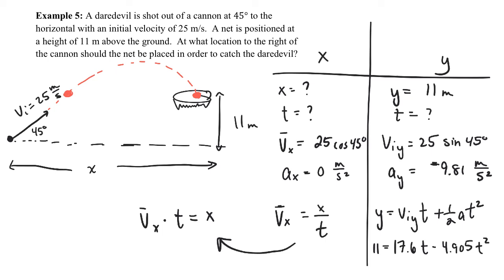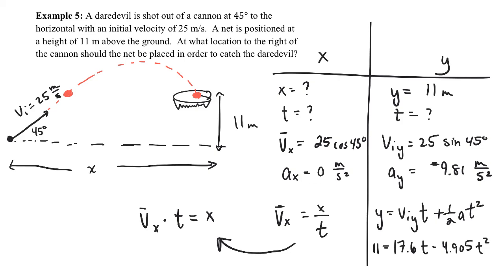So look how much easier this problem is than the last one. Why is this problem so much easier than the last problem? Yes. When we have two unknowns like initial velocity and time in the last problem, it makes it tricky. But we've got VI. VI was 25 at an angle of 45, so this is VIY. 25 sine 45 is 17.6. That goes right here. Let me jot it down so we all know later where that number came from.